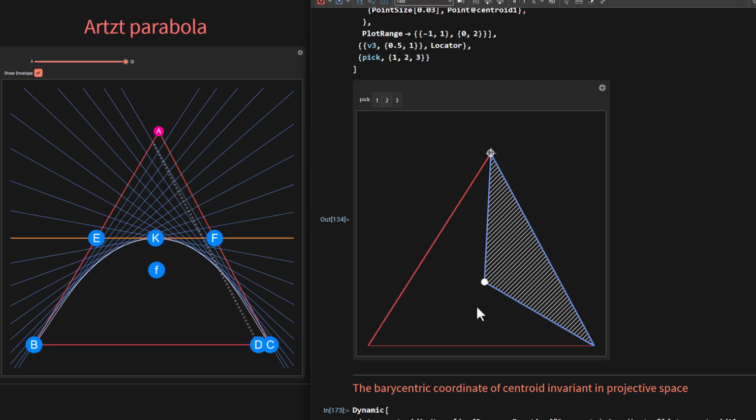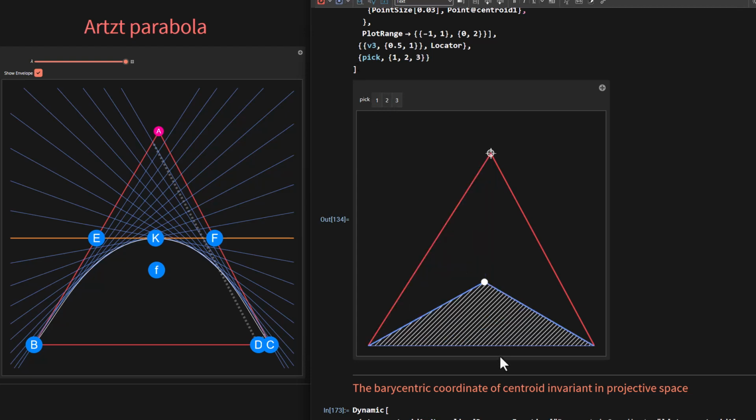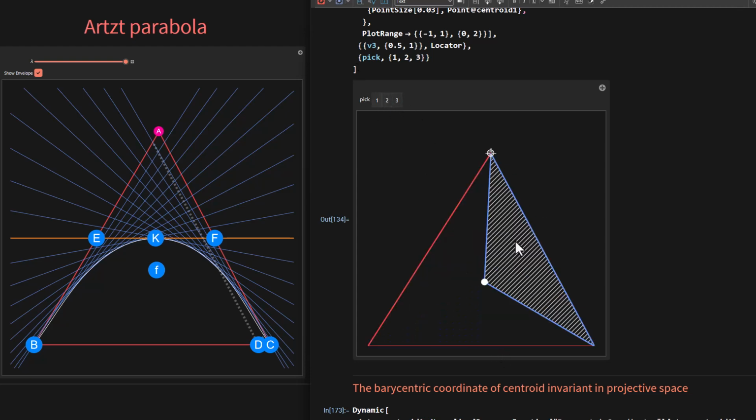They all share the same vertex here, and the barycentric coordinate is simply the ratio between them. You can assume the ratio of that one is 1, and this may be x, and this is y. So 1 plus x plus y should be 1 if it's normalized.